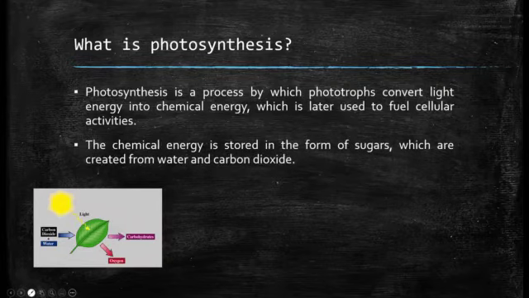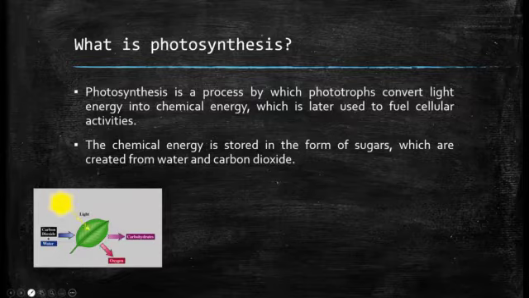The chemical energy is stored in the form of sugars which are created from water and carbon dioxide. So this line tells us that the chemical energy made by leaves is stored in the form of sugars, which are created from water and carbon dioxide.